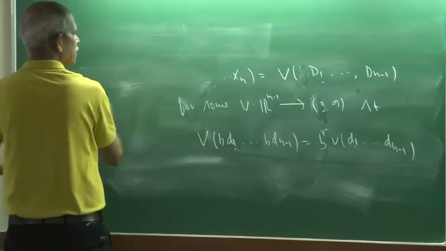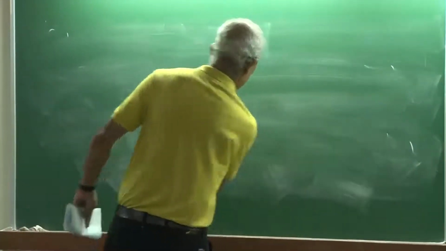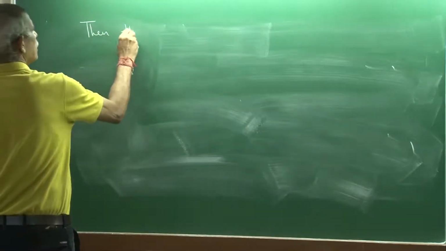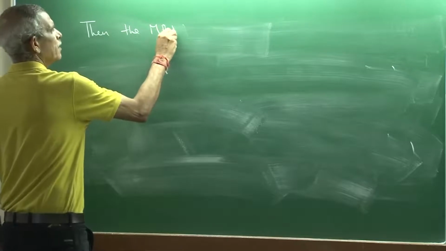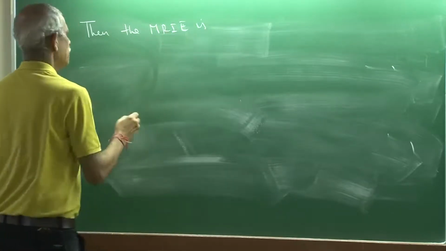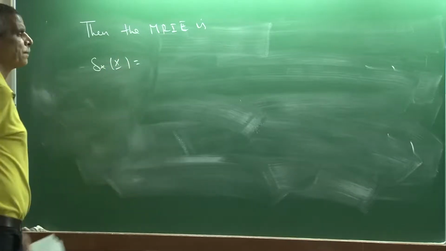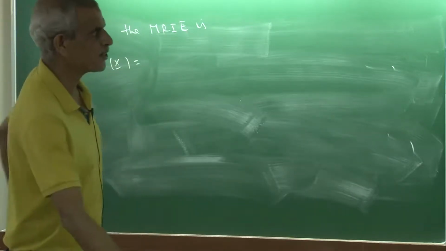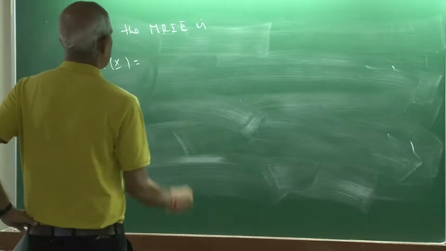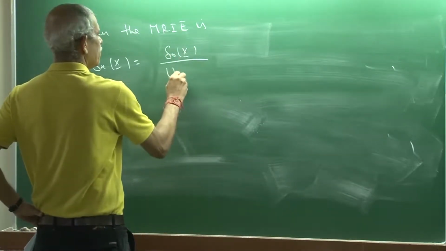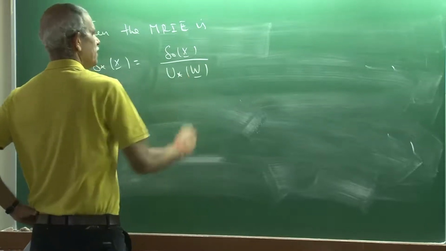Then the MRE is delta star x, which is the same as delta naught x by u star of w.